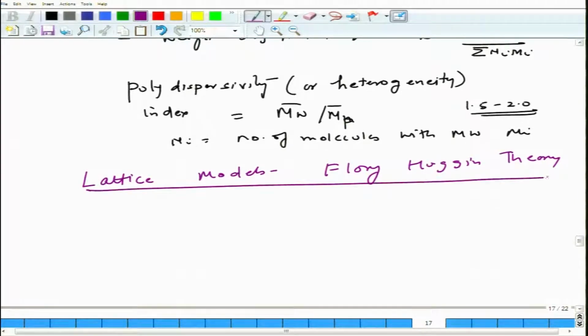Okay. So, what are the assumptions for this? Flory and Huggins have taken the following assumptions. The first important assumption is that the system is athermal. So, that means the solution is athermal.